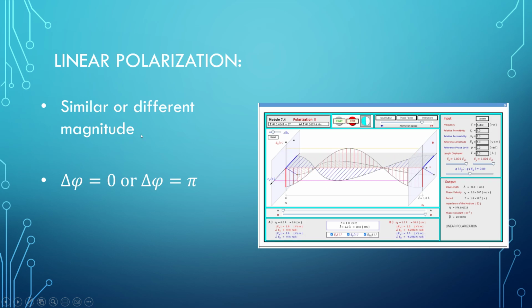So when we have a phase difference equal to 0 or pi or multiples of pi, we have linear polarization, and the magnitudes could be similar or different. As long as the phase difference is equal to 0 or a multiple of pi, the polarization will be linear.